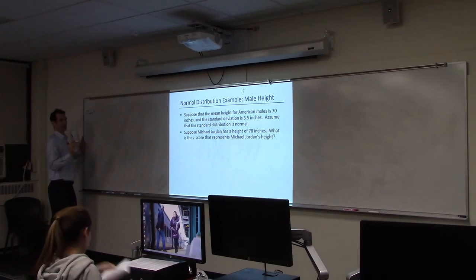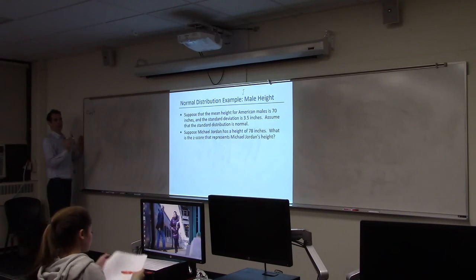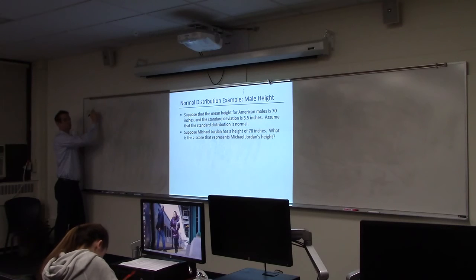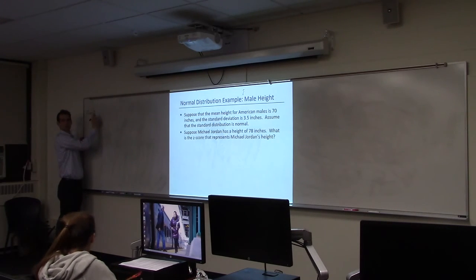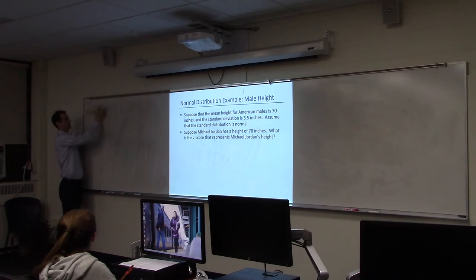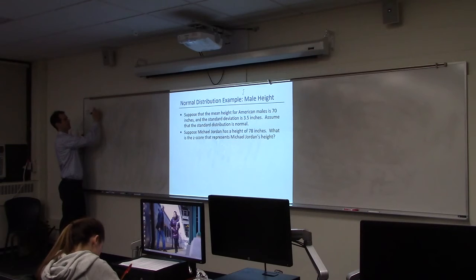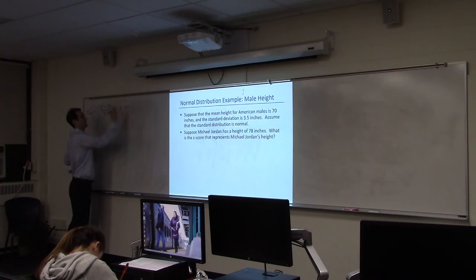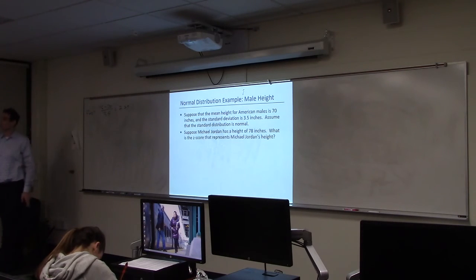All right, how do we calculate this? Z-score for Michael Jordan. 2.29. Yeah, that sounds right. But what are the numbers we use? 78 is his height, minus the average of 70, divided by standard deviation 3.5, equals 2.29. Excellent. So Michael Jordan has a z-score of 2.29.